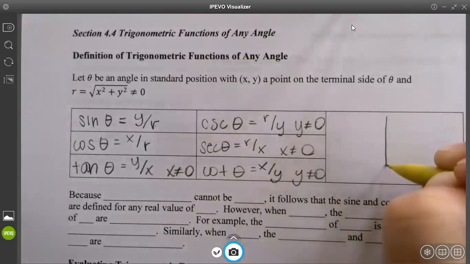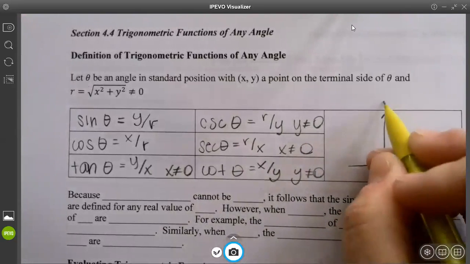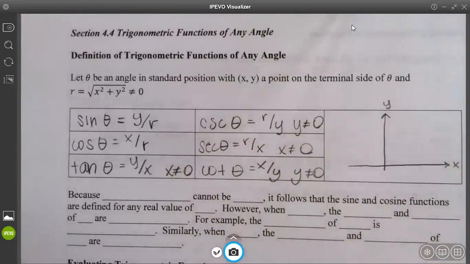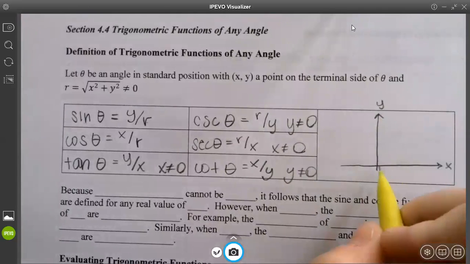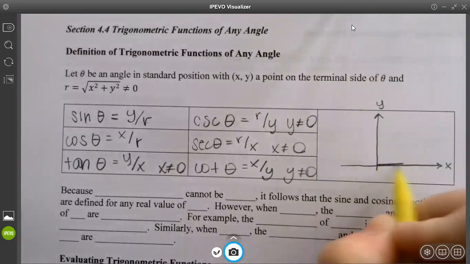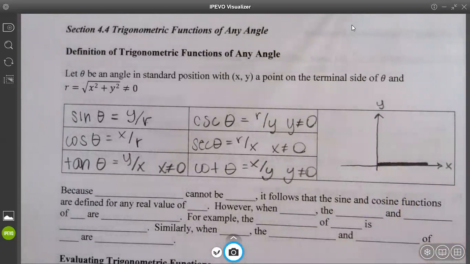So then over here, they give you kind of a visual of it. We have our X and our Y, our coordinate plane. I'm going to darken the X axis a little bit. The reason I'm going to do that is my initial side of my angle.